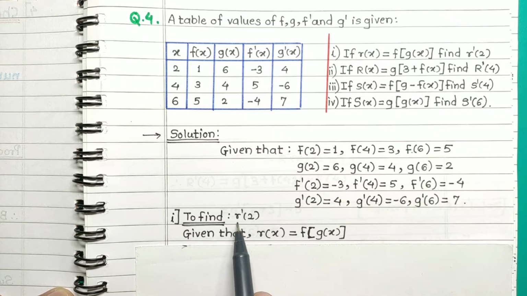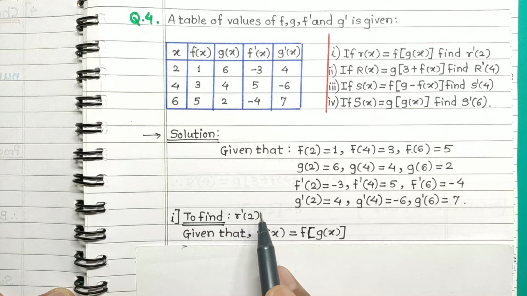We have to find r dash of 2, so let's get the meaning of this notation first. It is nothing but the derivative of this r function at x is equal to 2. That means the derivative of r of x at x is equal to 2 we have to find.